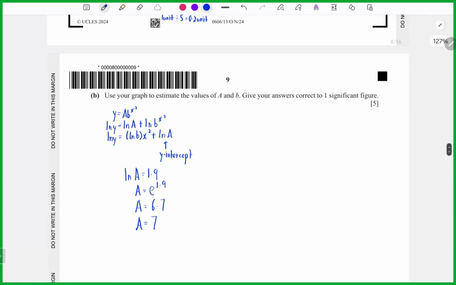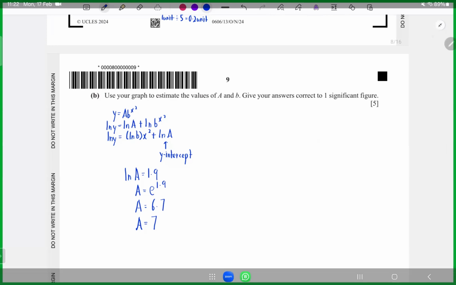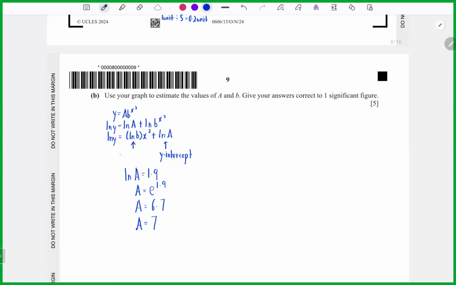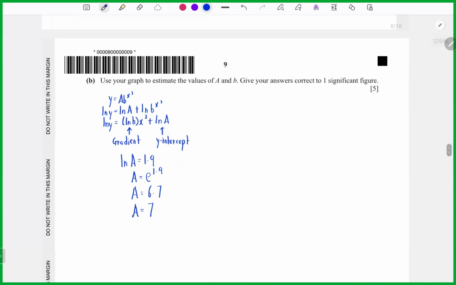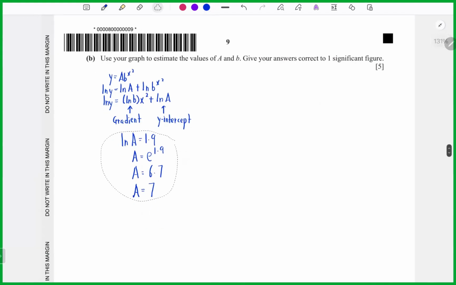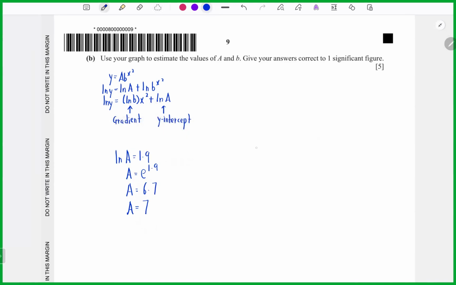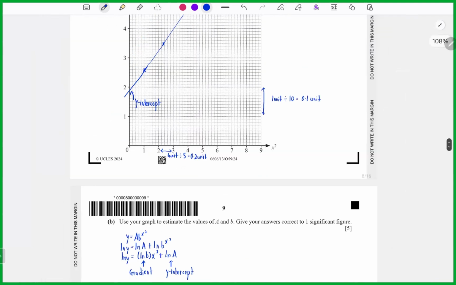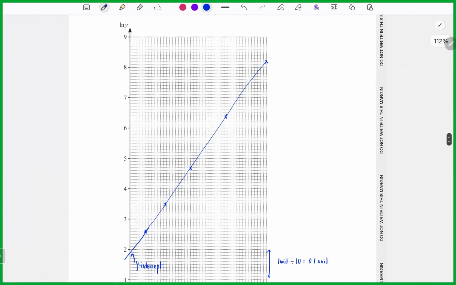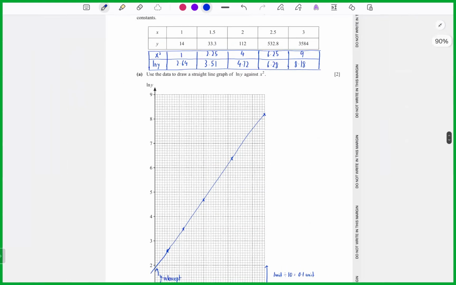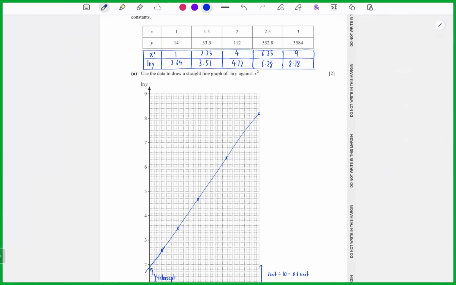Now we find the value of B. Because you see, ln B here is the gradient, so you need to find the gradient first. So right here, ln B equals, for the points, because I already connected all the points, I take the maximum and minimum points.